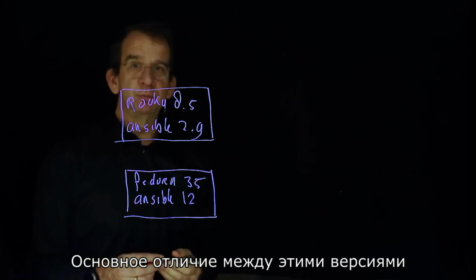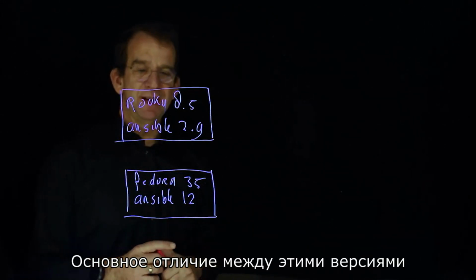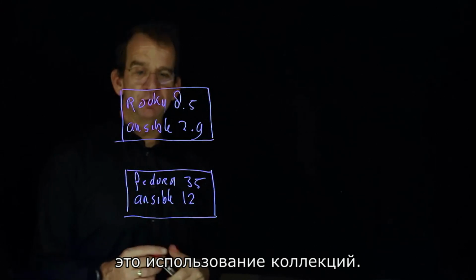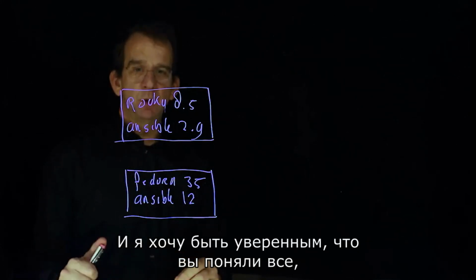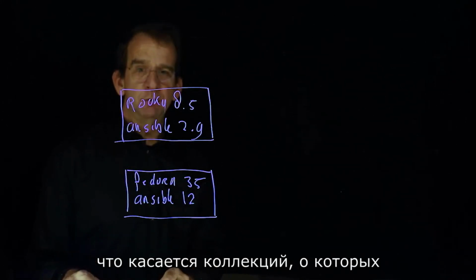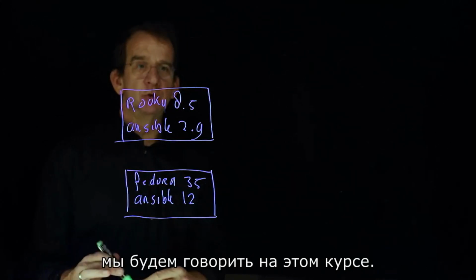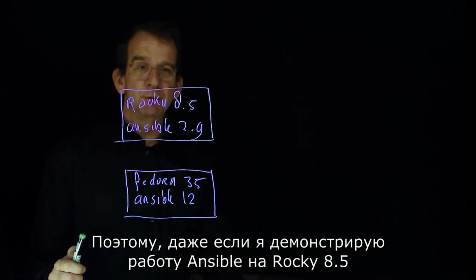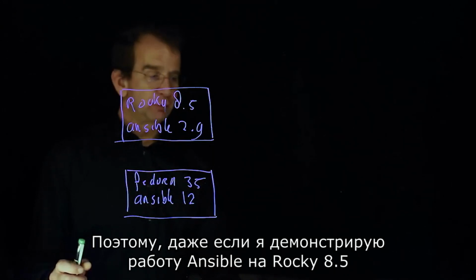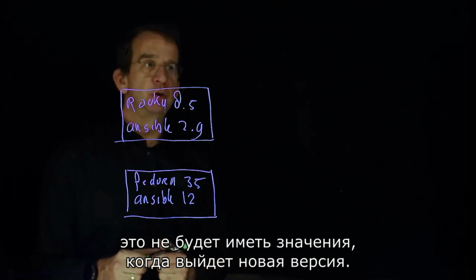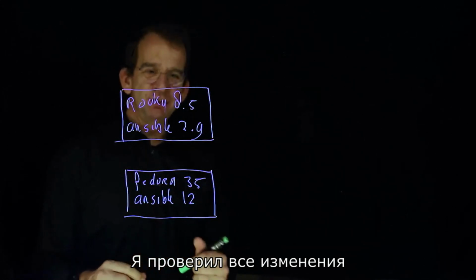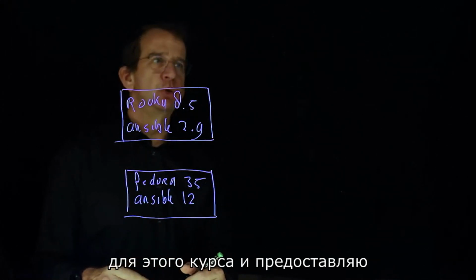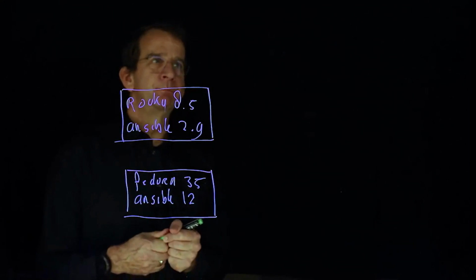The major difference between these different environments is the use of collections, and I wanted to make sure that you understand everything involving collections that we are going to talk about in this video course. So even if I'm demonstrating on Rocky 8.5, it shouldn't matter when a newer version comes out. I analyzed all the changes and I made sure to record and provide the information in a compatible way.